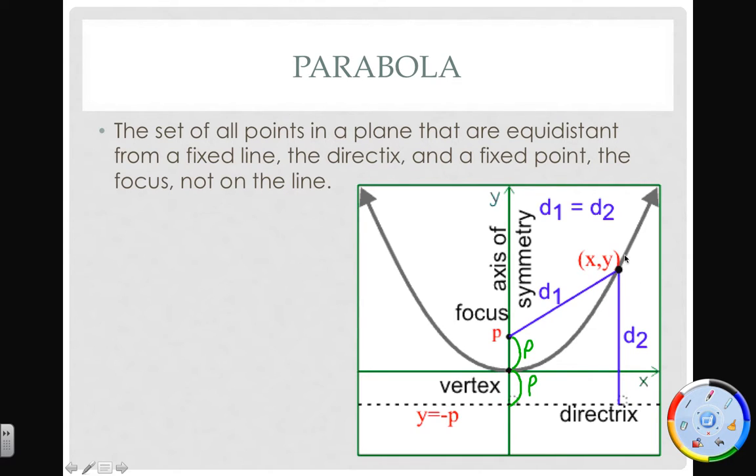If we choose any point out here on the parabola, the distance from the directrix to this point and the distance to the focus, if I called these m and n, I would know that m equals n by the definition of a parabola. Okay, so that's the definition.